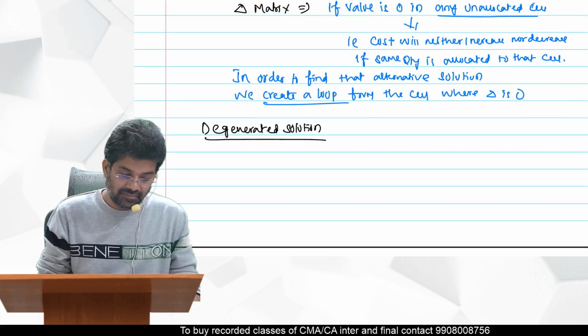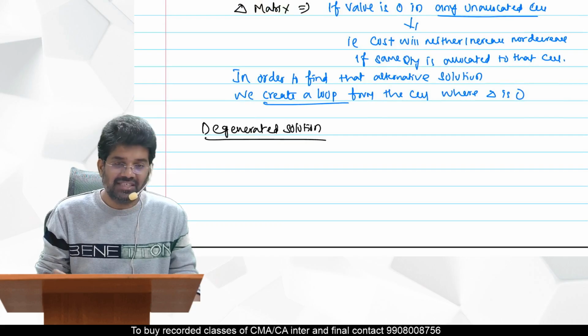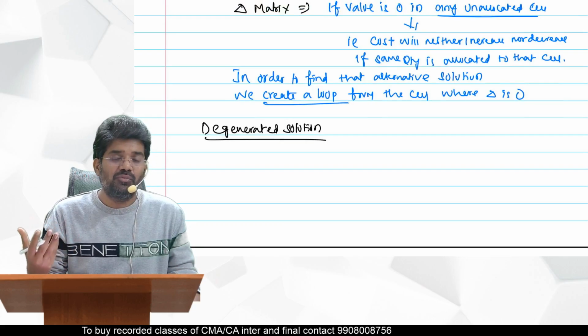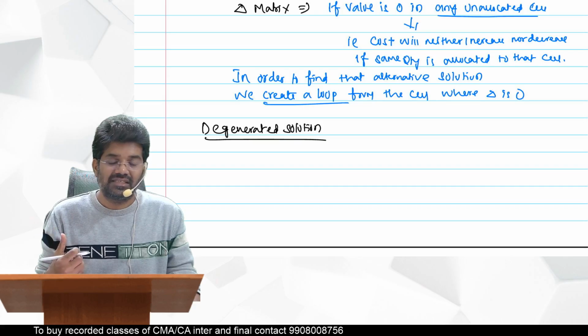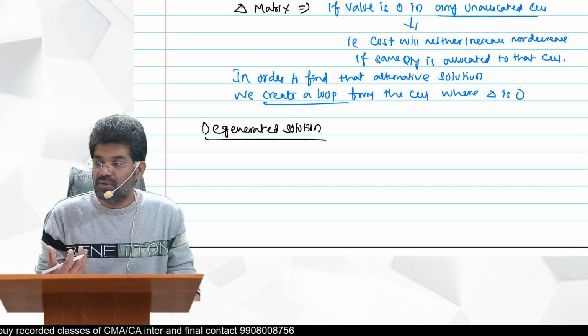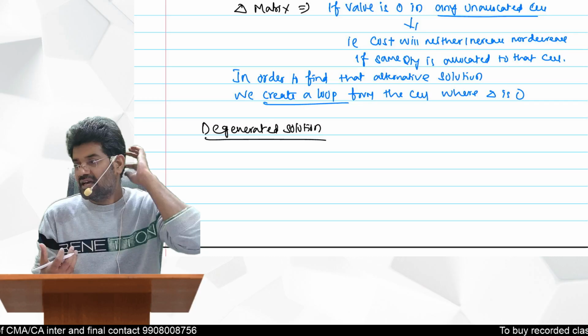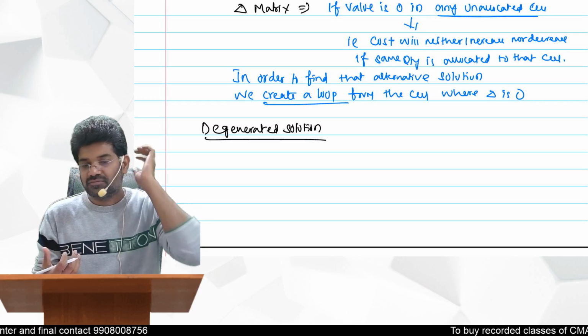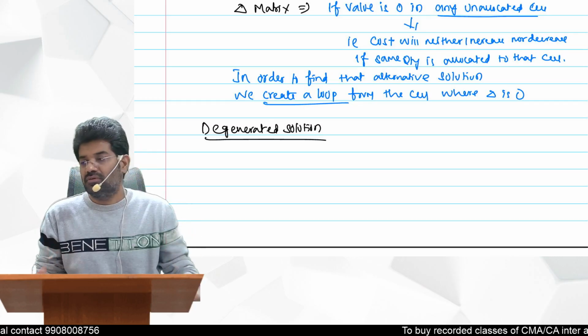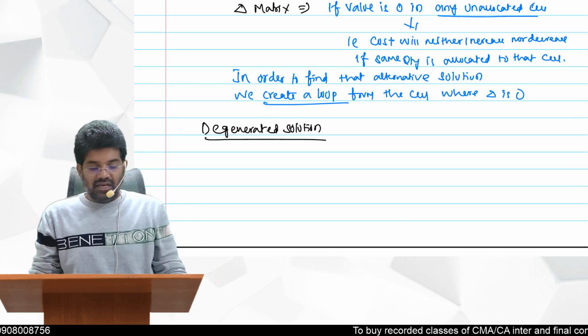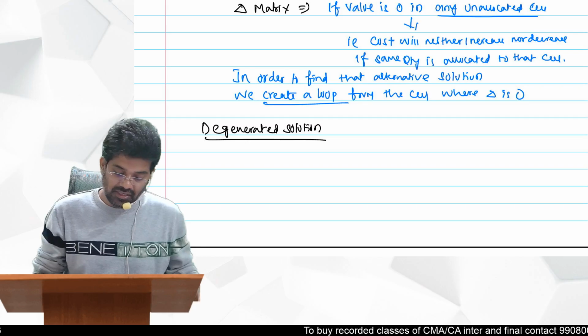So in this case, we cannot prepare the U plus V matrix. That is the reason what we do is we are going to take one extra allocation here. What is that? Let us write now.